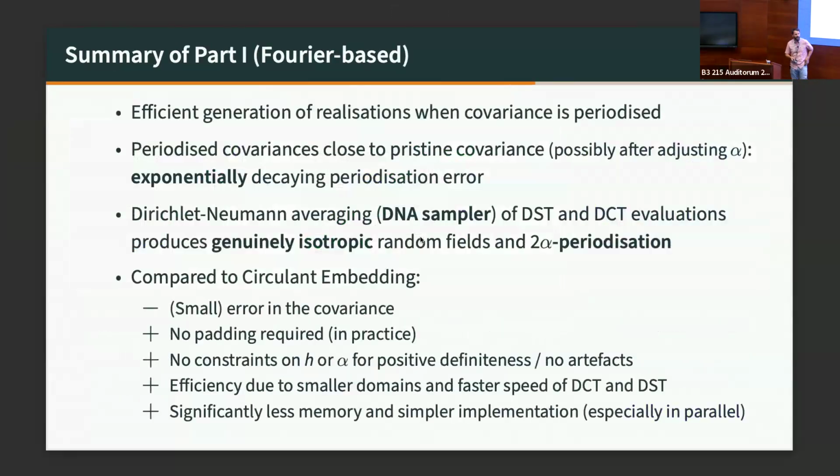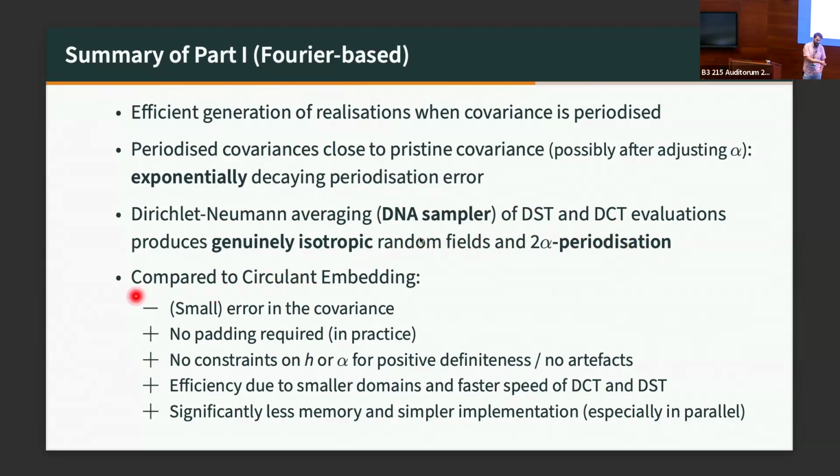Okay, so the first part, and I'm a bit lost on my time. The first part of my talk is essentially how do I efficiently construct random fields by first periodizing and then using Dirichlet-Neumann averaging, Dirichlet conditions, Neumann conditions, averaging 2 independent samples, or 4 in 2D, to create genuinely isotropic random fields without artifacts.